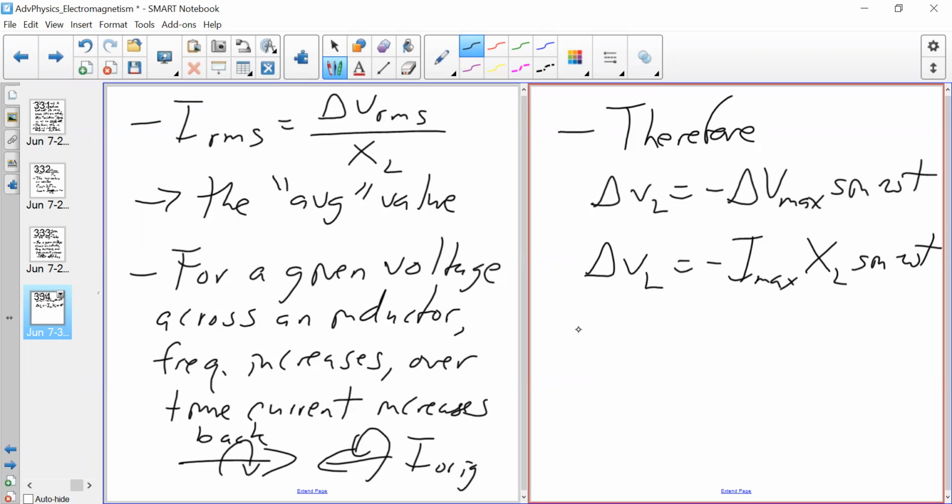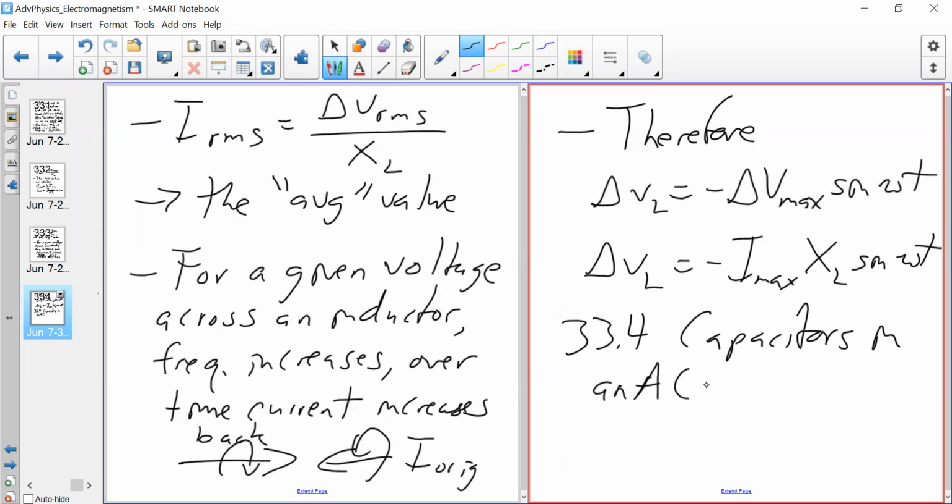Okay, so the next section is how do capacitors behave in an AC circuit? So let's say we have a simple circuit that looks like this. We've got a capacitor, and then we have an alternating voltage source, not just a regular battery, a direct voltage source.